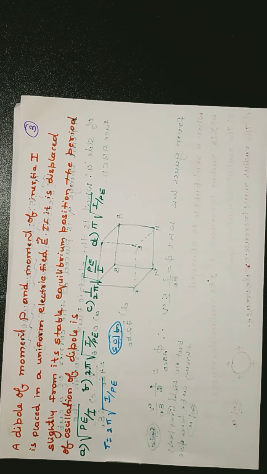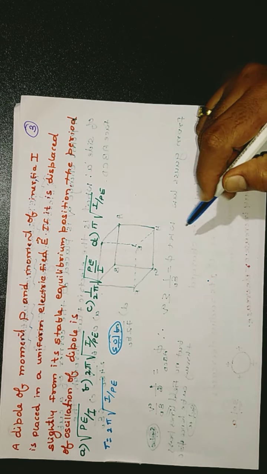Later on in magnetism, you will learn that when a magnet is placed in a magnetic field, the period of oscillation of the magnet would be 2 pi into root of I by mB.